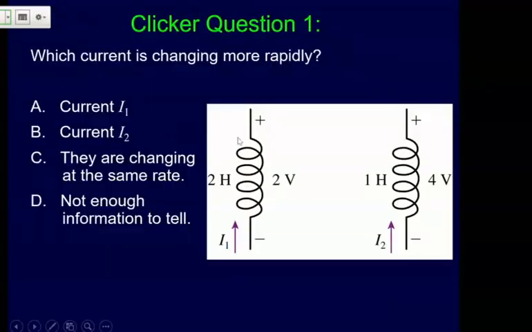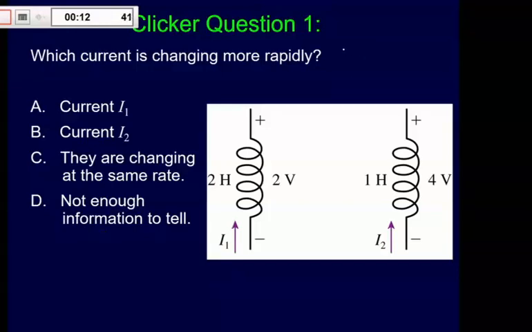And so let's try a question here. Which current is changing more rapidly? And just as a hint here, we'll say that we have this new equation that says our potential equals L times di dt.